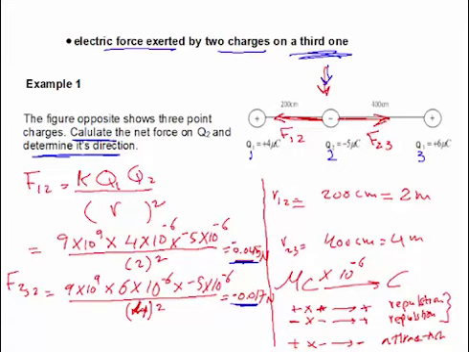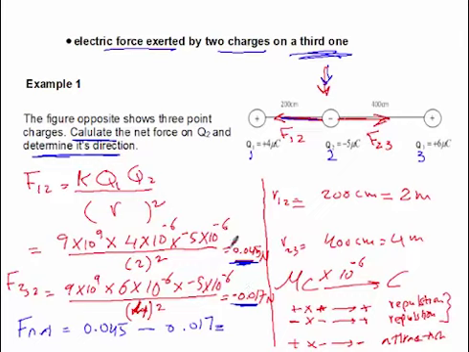Where is the largest value? Between F1,2 here, this is greater than this. So the net force will be 0.045, the greater value, minus the less value, 0.017, again without signs.